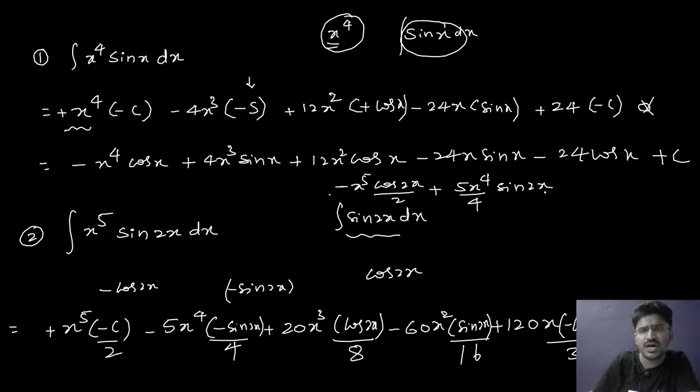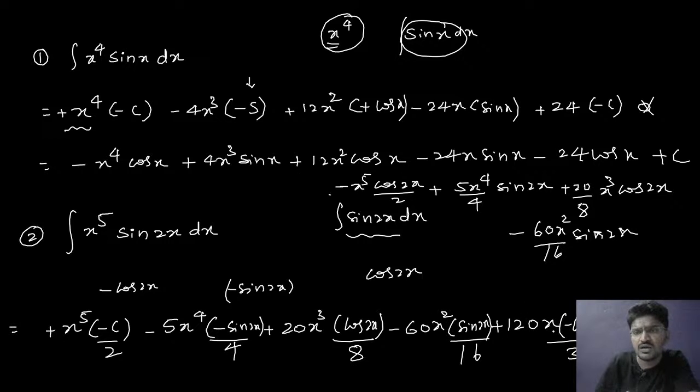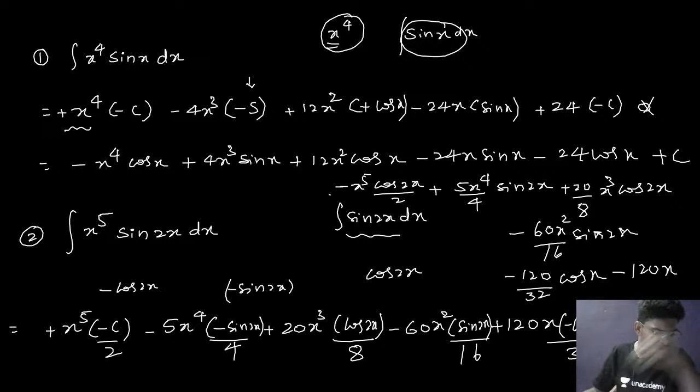Here 20 by 8, that is plus 20 by 8 x cube cos 2x, minus 60x square divided by 16 sine 2x. So next again, minus into plus will be minus 120 divided by 32 cos 2x. So here you have plus 120x. So this will be the answer.